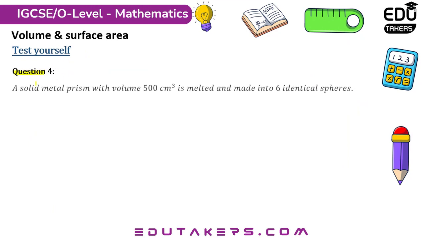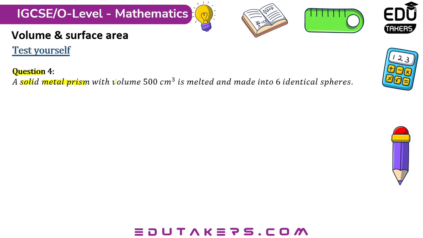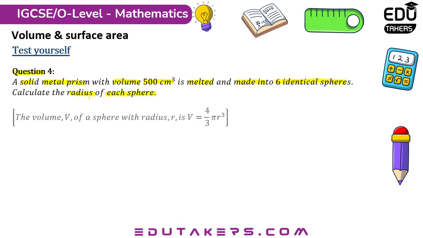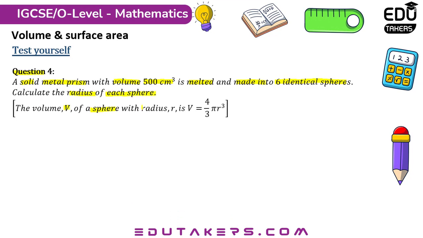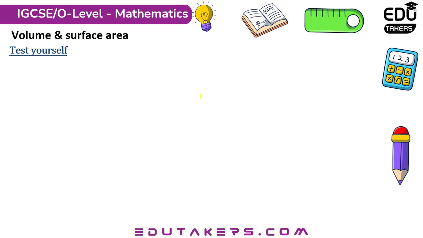Question number 4. A solid metal prism with volume 500 cubic centimeters is melted and made into 6 identical spheres. Calculate the radius of each sphere. The volume V of a sphere with radius r is V equals 4 over 3 pi r cubed. It's a 3-mark question.